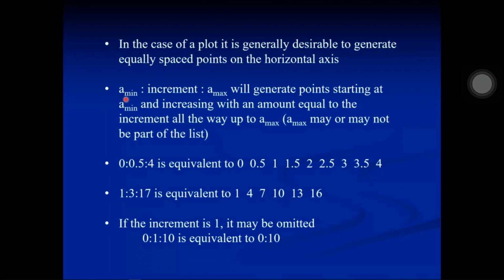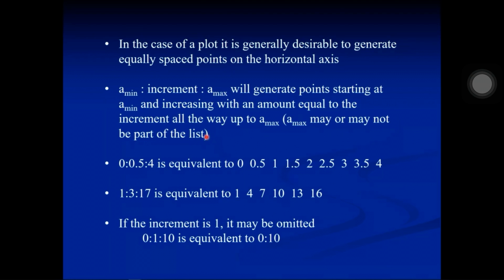The first number is the minimum of the list. The second number is the increment. That means what you add to the previous number to get the next number. And the last one is the maximum value available in that list. However, we'll discuss exactly whether that maximum is part of the list or not.